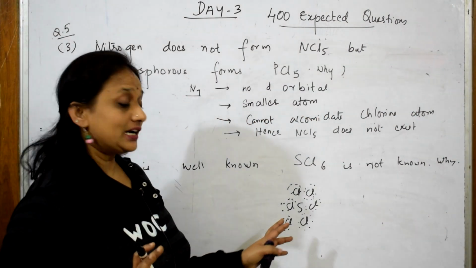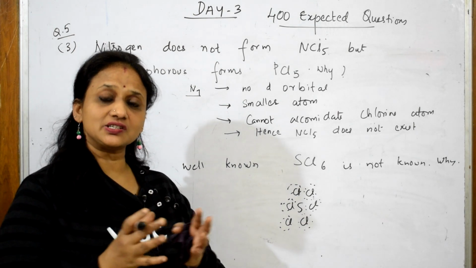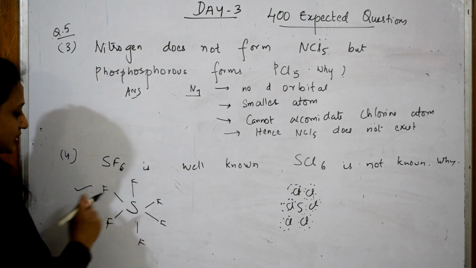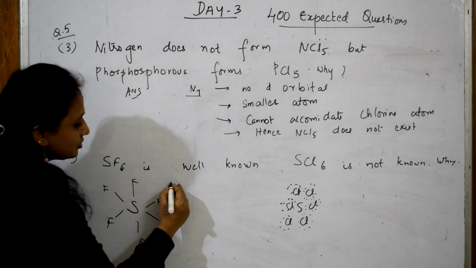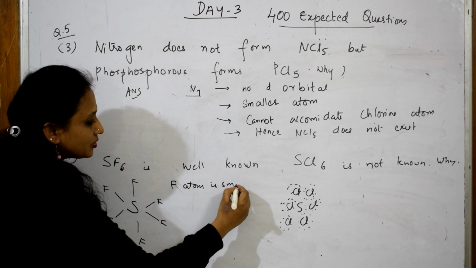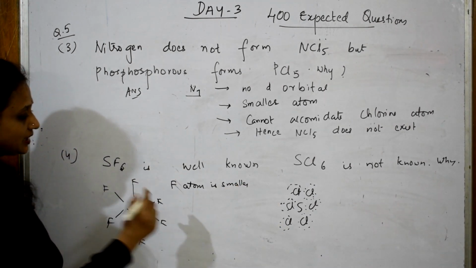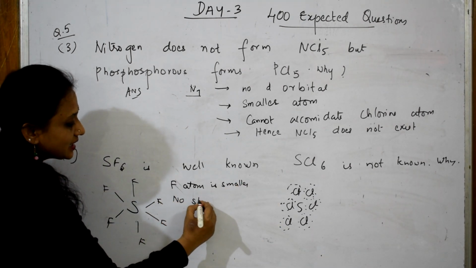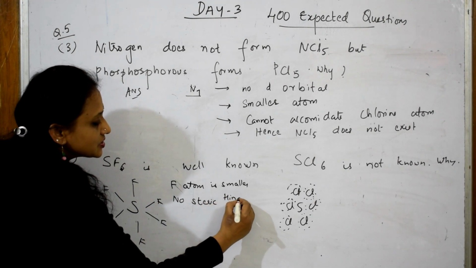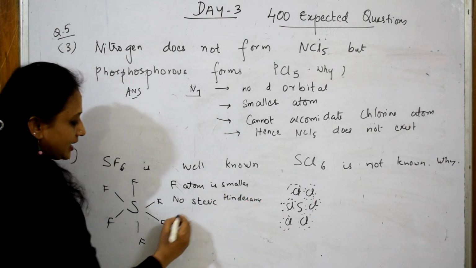A lot of electrons and steric hindrance. It is creating strain in the molecule. So let us write. In this case, what happens, students? Write down: fluorine atom is smaller. No steric means no bulky groups. No steric hindrance. Correct.